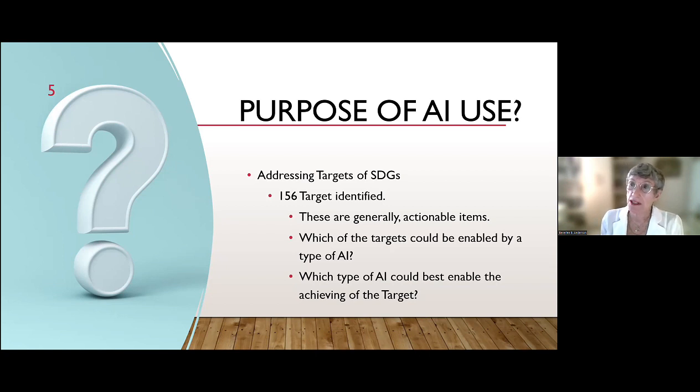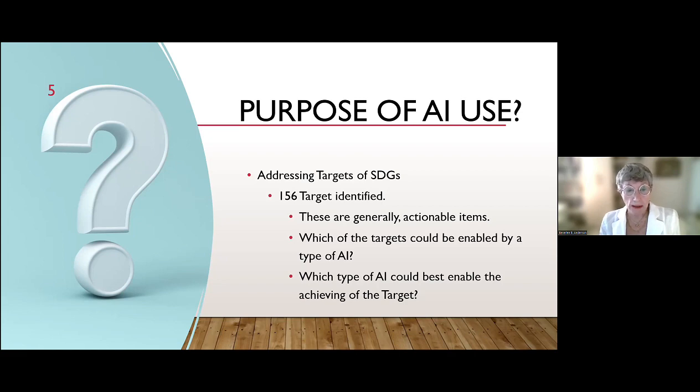One of the things you can look at is which of these 156 targets could be enabled beneficially by some type of AI. And of course, you have to determine which type of AI you would use. And then you look at whether there are potential unintended consequences to this particular thing.